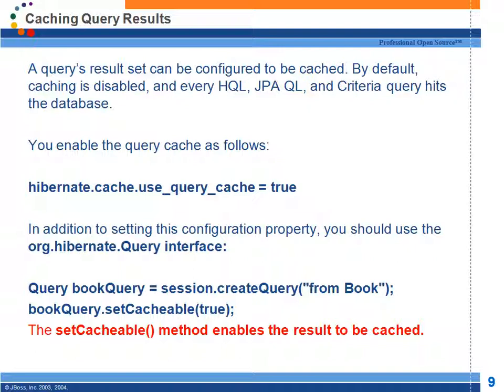If you want to enable query caching, you have to set hibernate.cache.use_query_cache to true. Programmatically, you can enable it by using query.setCache(true). Then the result of this query will be cached.